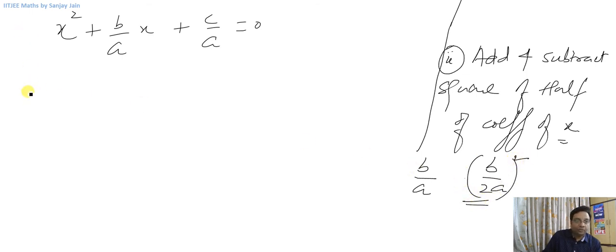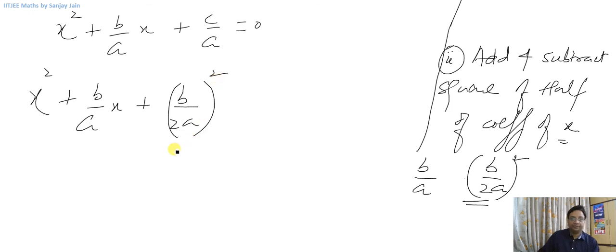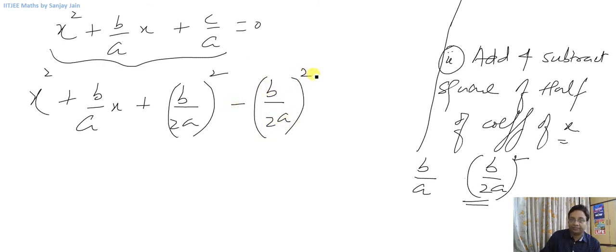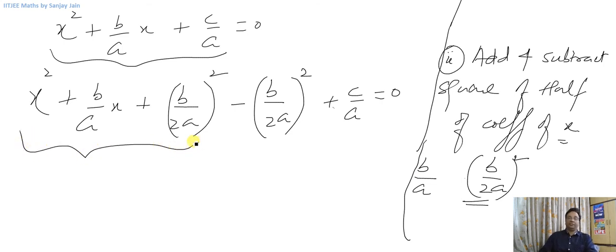So what I'm going to do here is x square plus b by a x plus b by 2a whole square. I'm going to add this, right? If I'm adding something on the left hand side, I'll have to subtract the same thing to keep the equation same, right? And then plus c by a equals 0. Why have I done this? Because if you notice, this has become a complete square now, because b by a x is nothing but, let me write it so that you can visualize it easily.